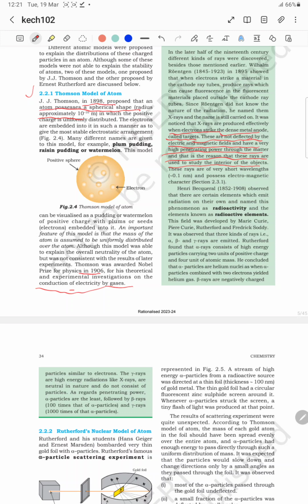The gamma rays are high energy radiations like X-rays, are of neutral nature and do not consist of particles. As regards penetrating power, alpha particles are the least, followed by beta rays 100 times that of alpha particles and gamma rays 1000 times that of alpha particles. So these facts can also be asked, like which one has stronger penetrating nature.